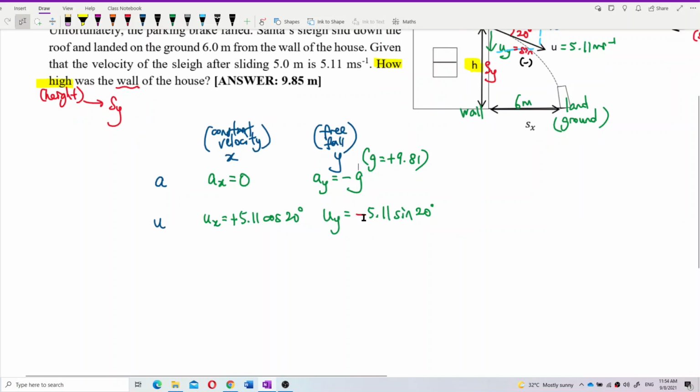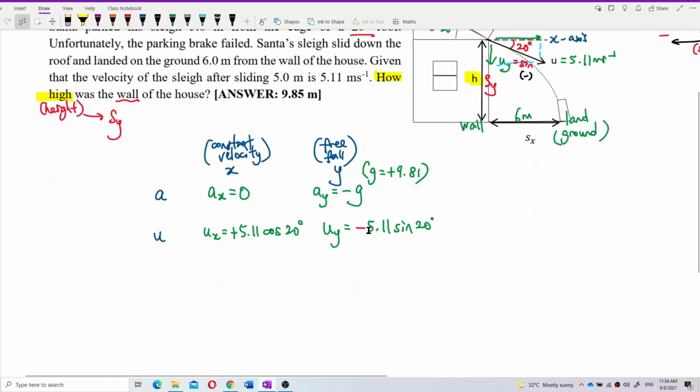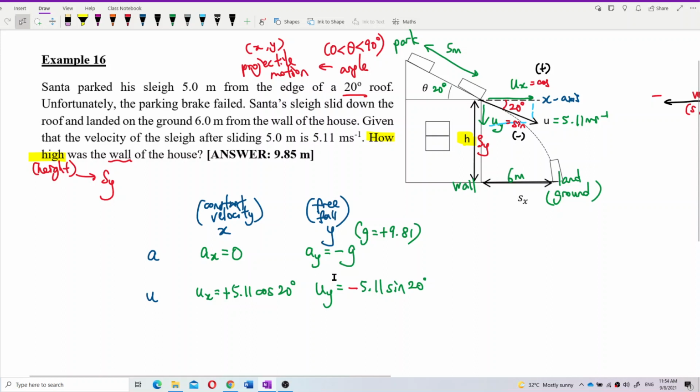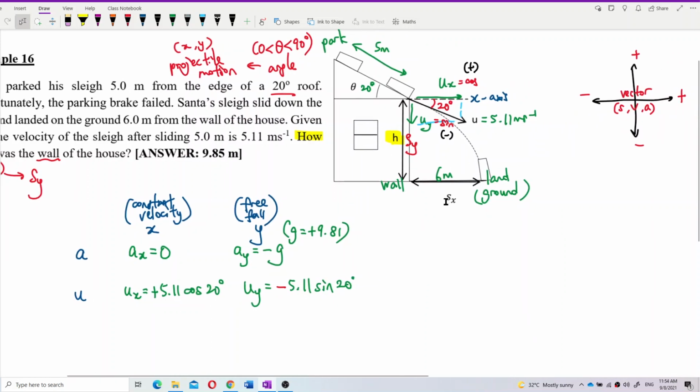Remember, the positive and negative sign is very important. If for uy you forget to put the negative sign because it's going down, then you won't get the correct answer. Now we already have this. So what more do we have? We have sx, the horizontal displacement.